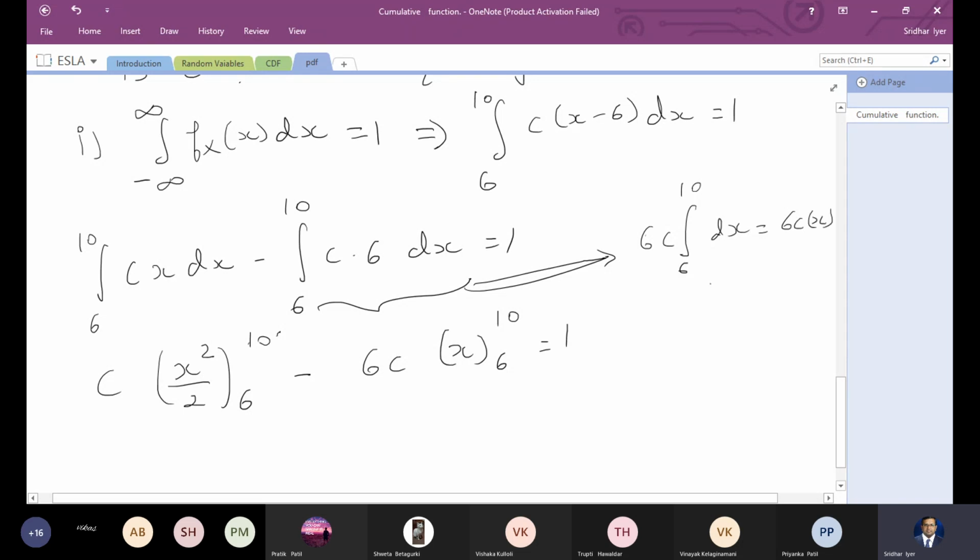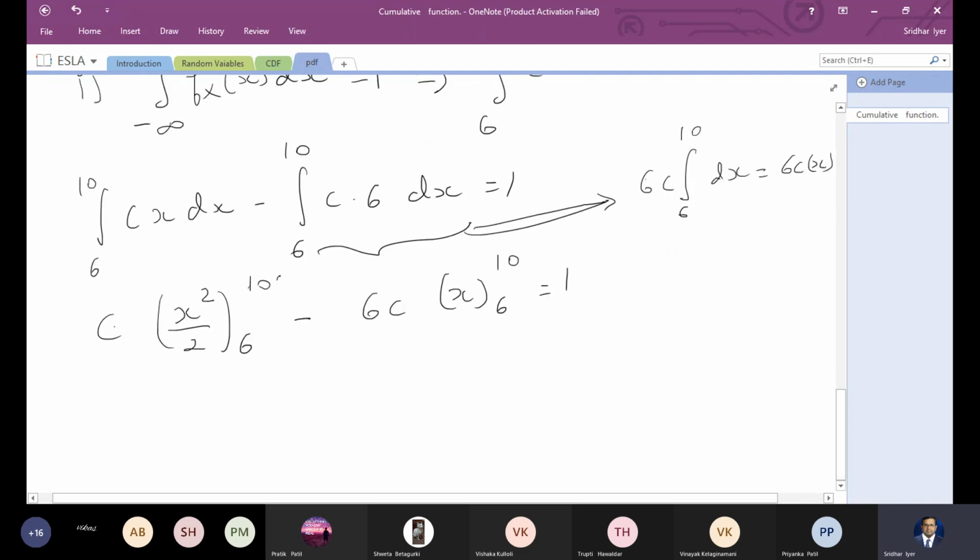So that is what I have written here. Okay. So let's evaluate this term now. So you'll have c into, or I'll take the 2 outside, and you have x square. So 10 square is 100 minus 36, minus 6c, and you'll have 10 minus 6, and that will be equal to 1.